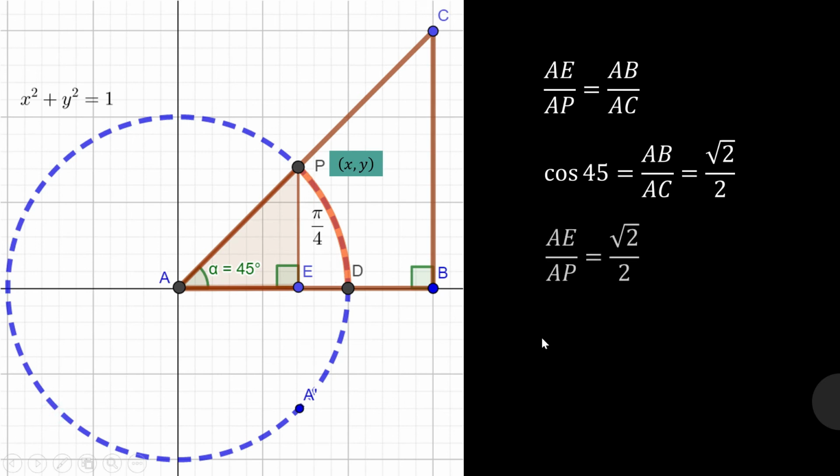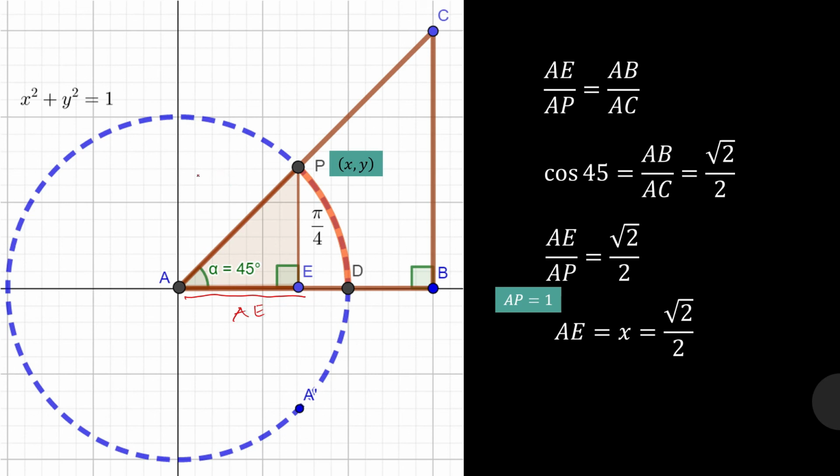So this means that AE over AP is equal to square root of 2 over 2. AP is equal to 1. So that means AE, the base of our small right triangle, is equal to square root of 2 over 2.